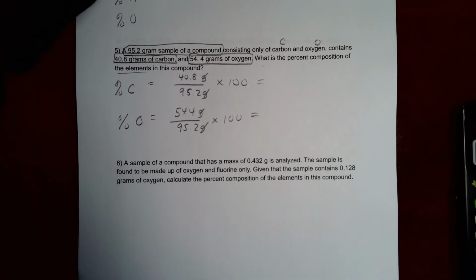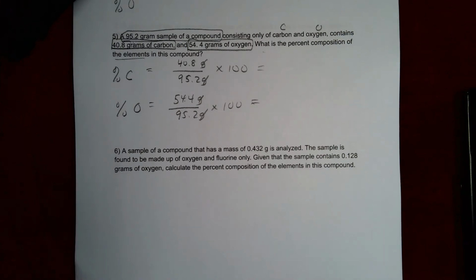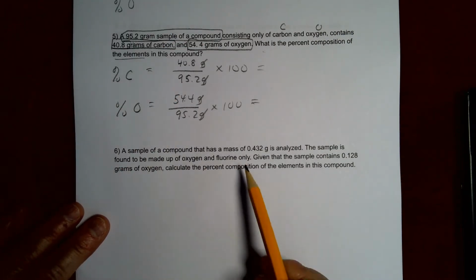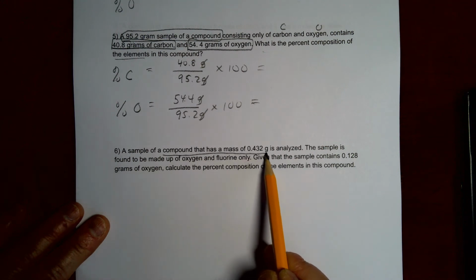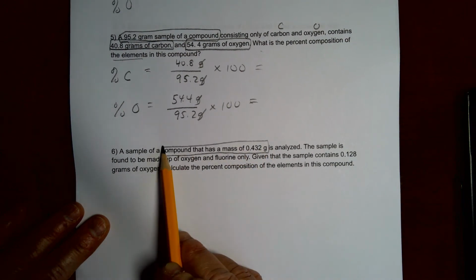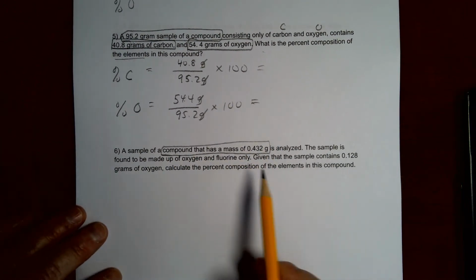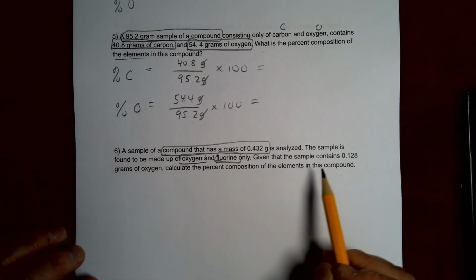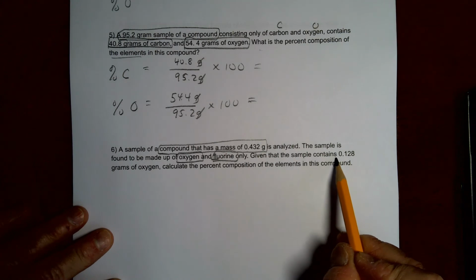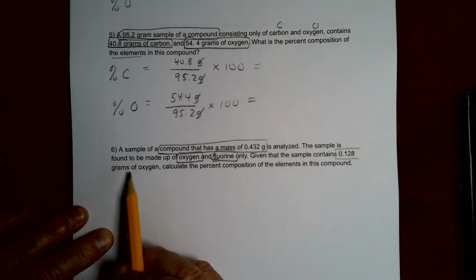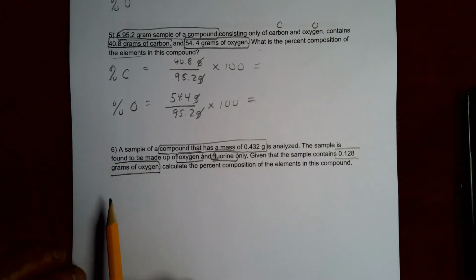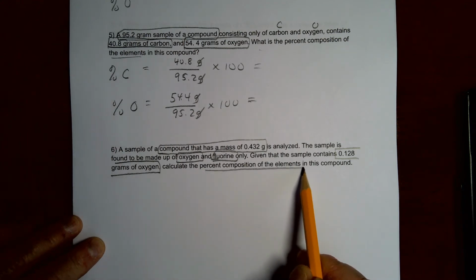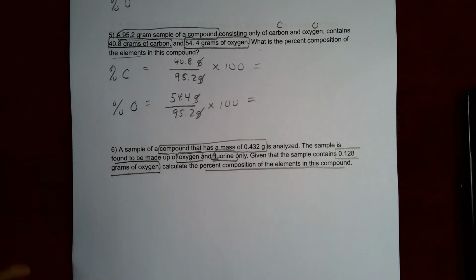Okay, now in this next problem, you're going to have to do a little bit more digging. They give you a sample of a compound. So the compound has this entire mass. That's the compound mass. There are 2 elements, oxygen and fluorine. The sample contains 0.128 grams of oxygen, but we are being asked to find the percent composition of both elements in the compound.